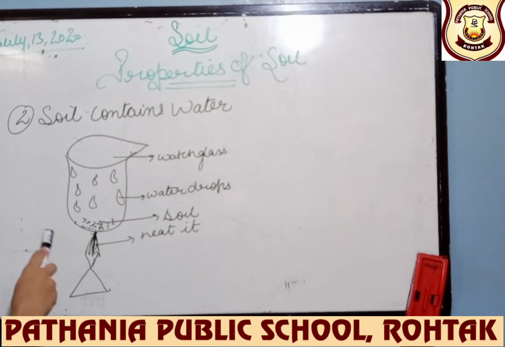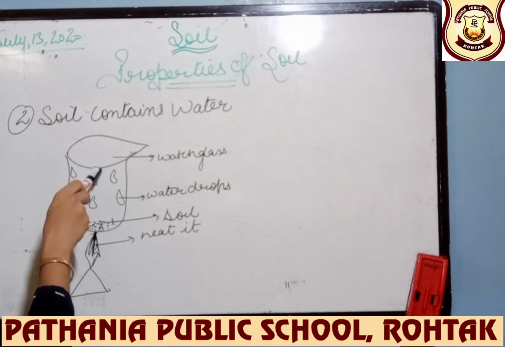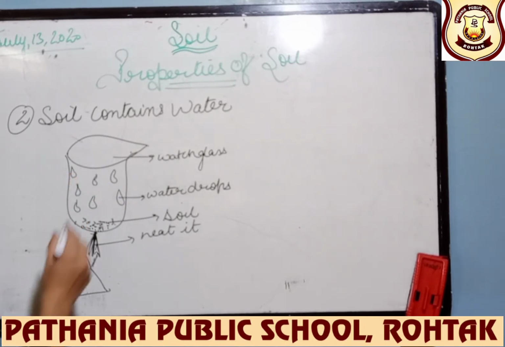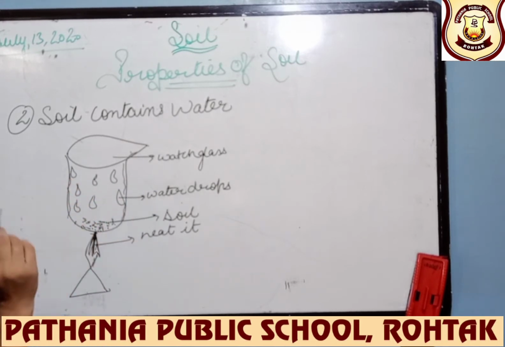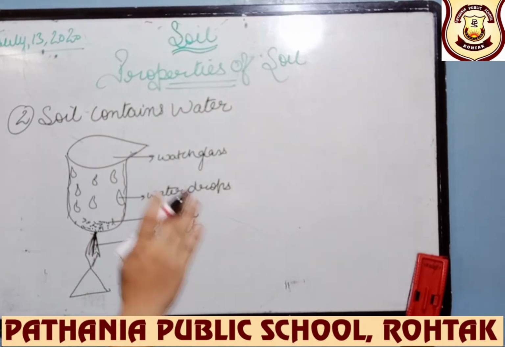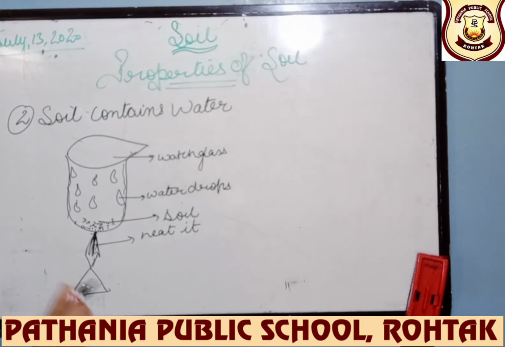The air bubbles will start coming out of it. And when they heat it, the water present in it evaporates, forming water vapors. This hot water vapor rises, gets cooled and condensed. After condensing, it will be visible on the wall of the beaker in the form of water droplets. This experiment shows that the soil contains moisture, water vapors and water particles.